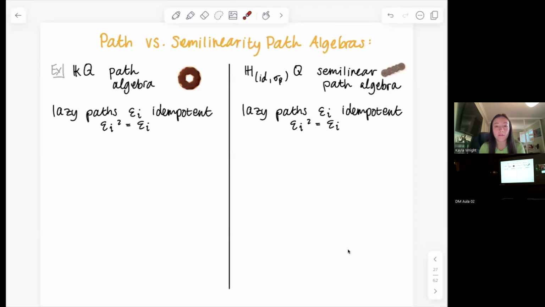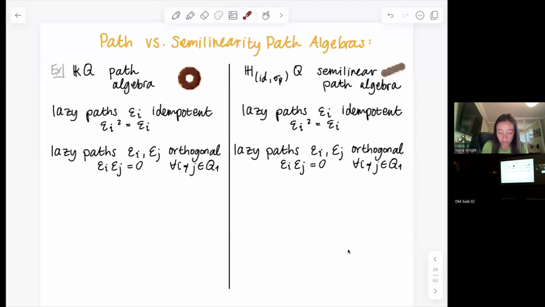We still have the property that the lazy paths are idempotent elements of the algebra. So when we square them, they're themselves. That hasn't changed. We still have that if we take two lazy paths that are on different vertices, those are going to be 0 when we multiply them in the algebra.